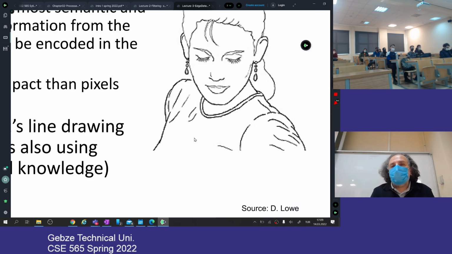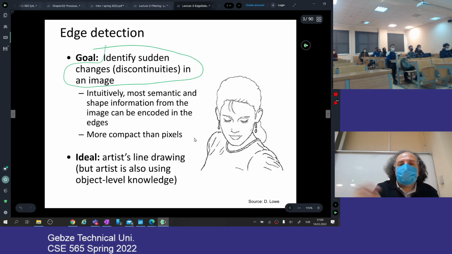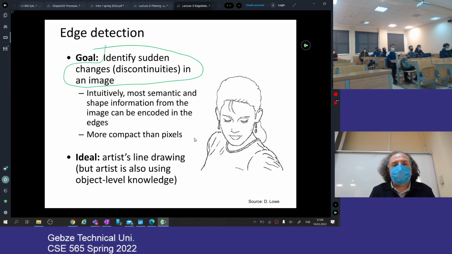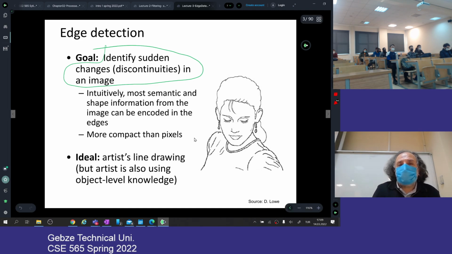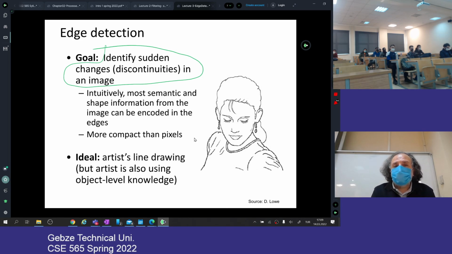So it's going to change from image position to image position, and the edges that we are going to recover don't have to correspond to the real object edges, but this is what we can do at the beginning, because we have to define something for us. Intuitively, most semantic and shape information from the image can be encoded in the edges, but they don't have to exactly correspond to the shape information of the objects.